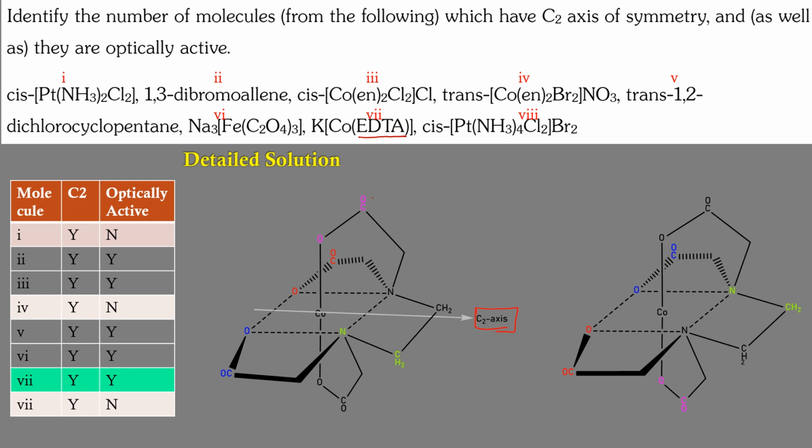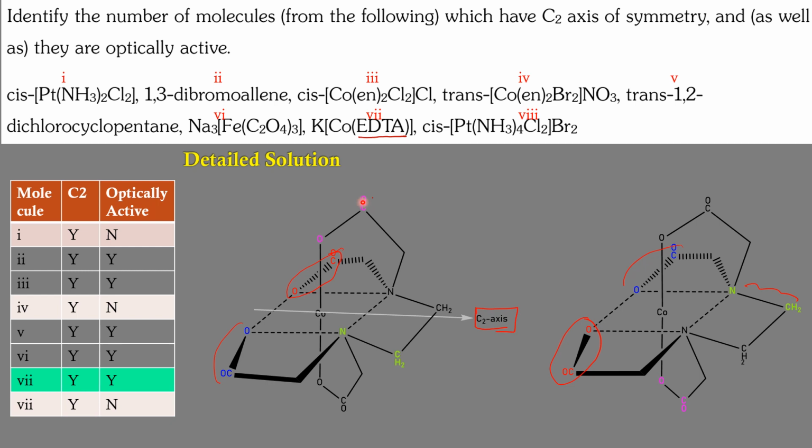The only difference over here we have tried to elaborate is showing those groups with different colors so that you can see the CH2N group which was coming towards us earlier will be going backwards. And also this COO group which was coming towards us will be going into the backward side after horizontal flip, and this C double bond O which was backside is coming onto the front side.